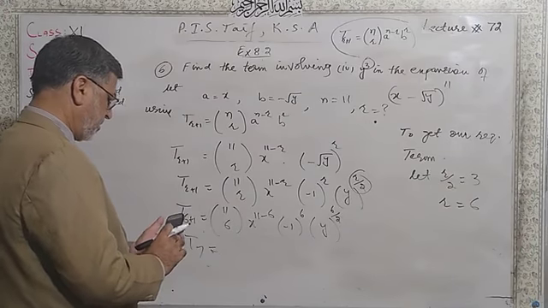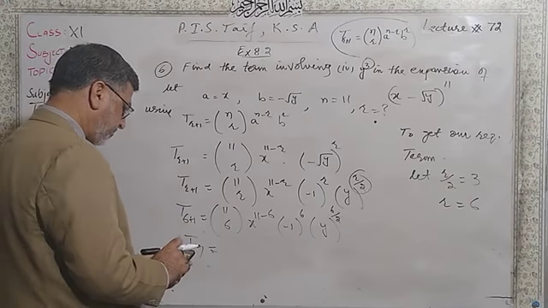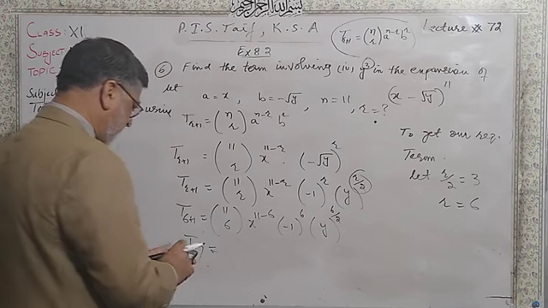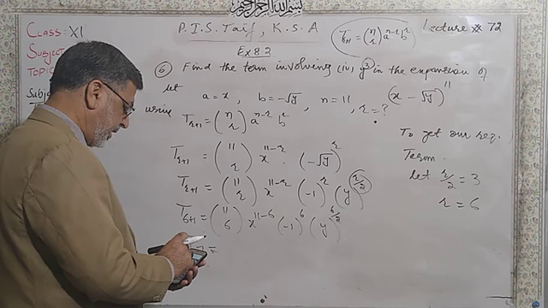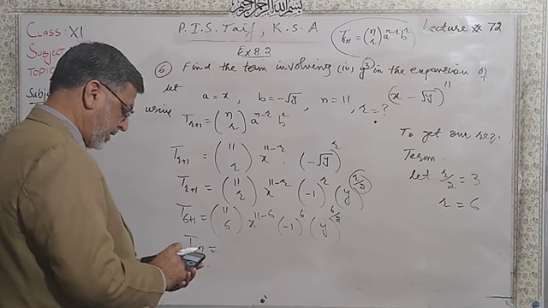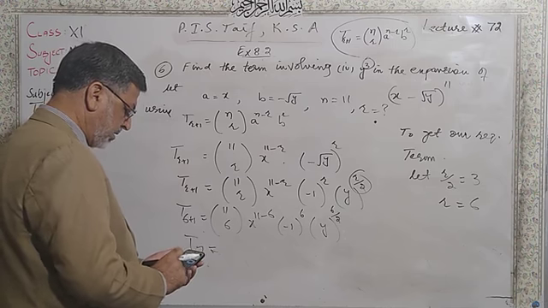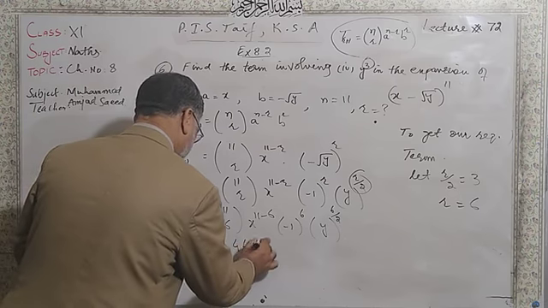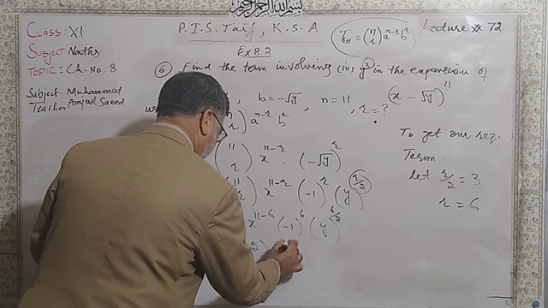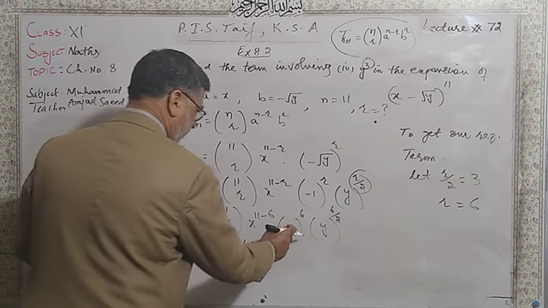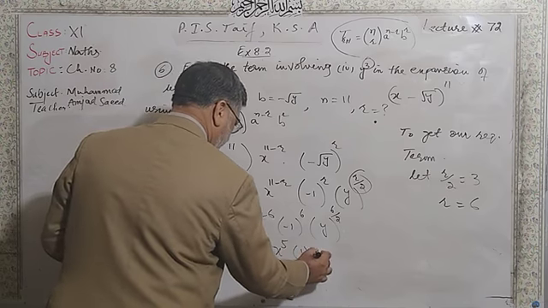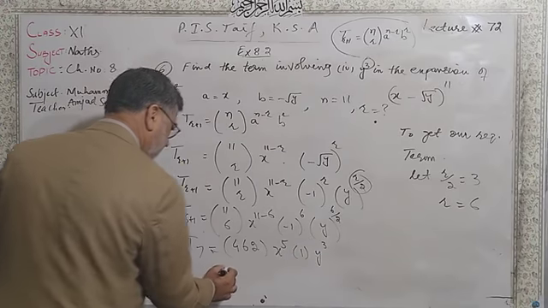After that, we have 11C6, which is 462, and x power 5, minus 1 power 6, 6 is even so you will have 1, and y power 3.